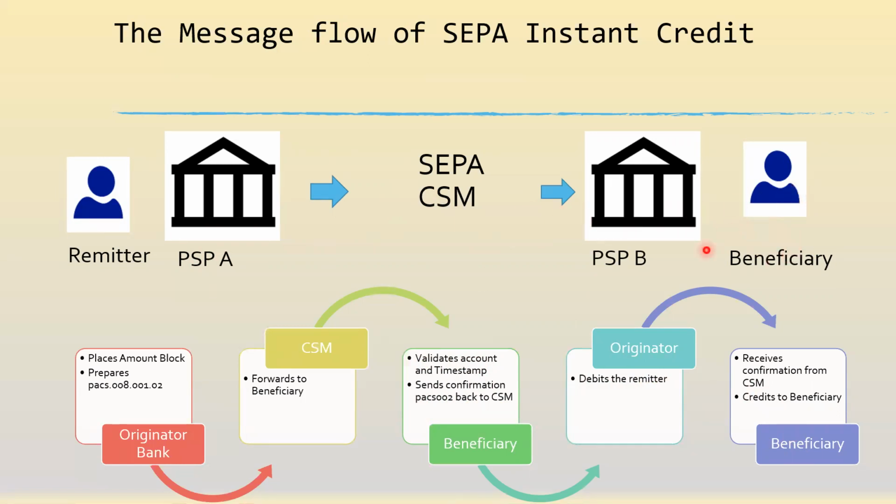It credits the amount to the beneficiary. So the whole cycle happens in 10 seconds or at the max 20 seconds. This is a happy flow wherein the remitter is able to push his funds to the beneficiary. As we have seen, it involves a PACS.008 being sent out and the CSM or PSP-B sending back a PACS.002 confirmation message.